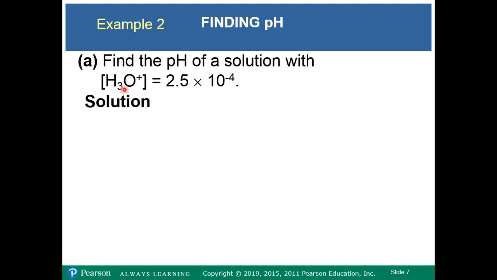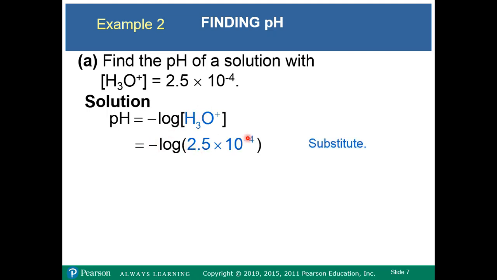Now, if we have a concentration, these brackets mean concentration, so usually moles per liter. So the concentration of the hydronium ion is this, and we want to find the pH of a solution that has this concentration of ions. So we use the pH as the negative log of that concentration.